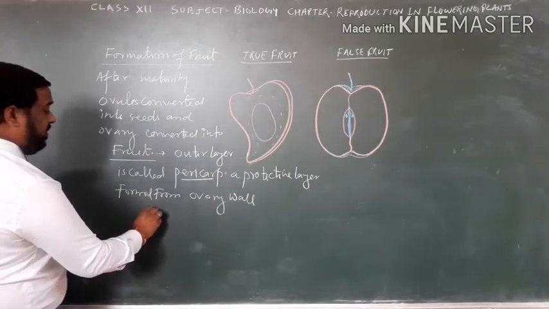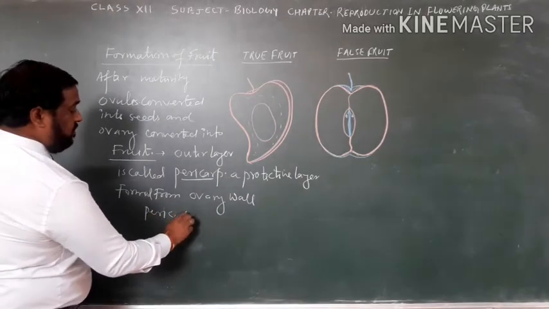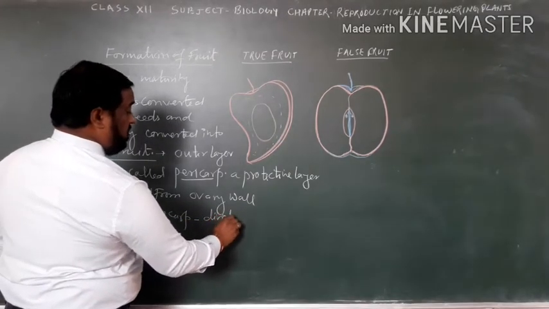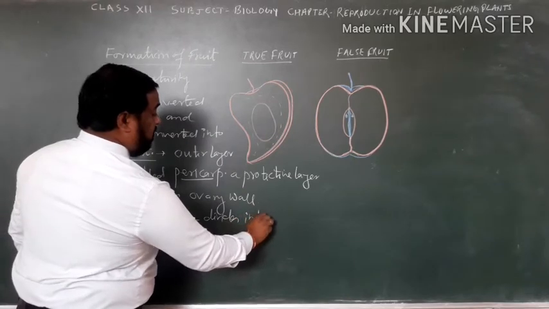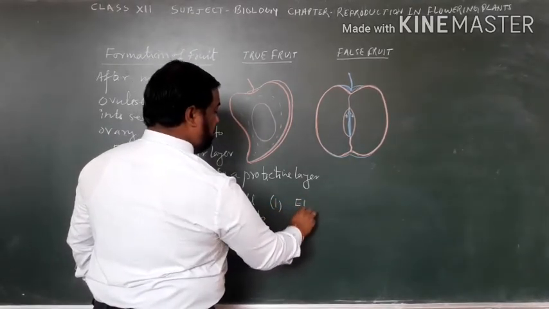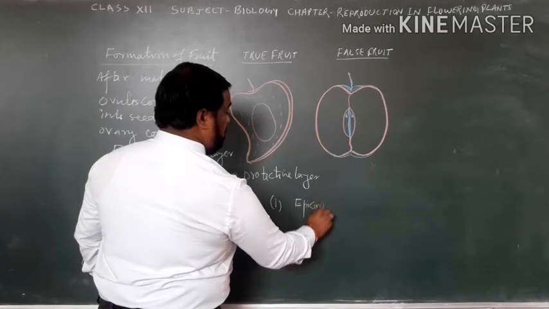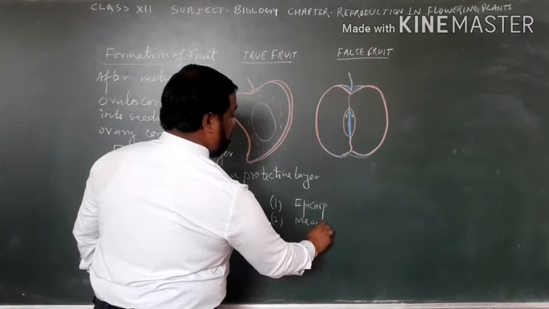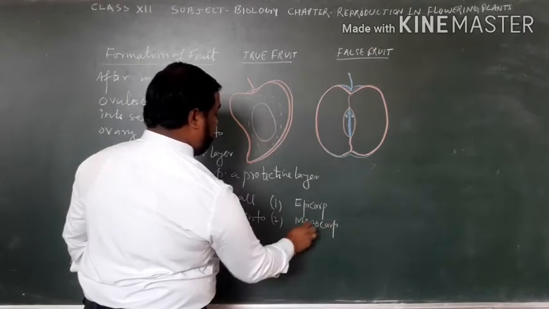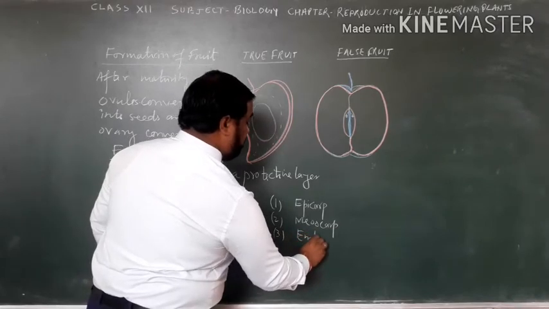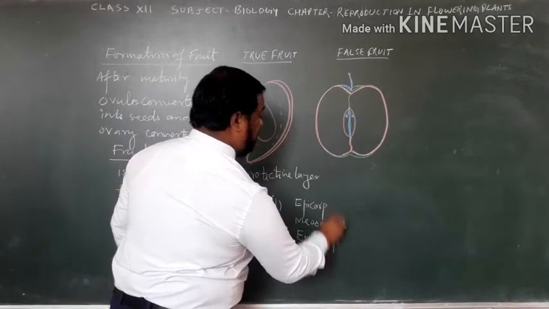So later the pericarp divides into first epicarp, second mesocarp, and third endocarp.